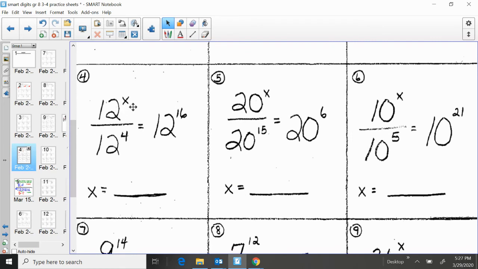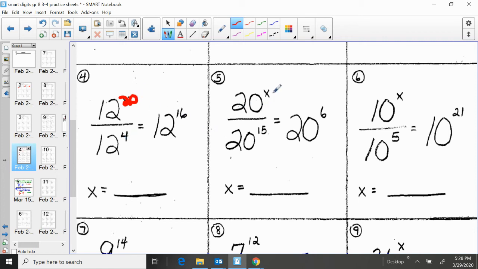Now, if you're missing the top exponent, it's a little bit different. What number minus 4 equals 16? So if I'm missing the top exponent, a little trick I can do is I can say, what number minus 4 equals 16? Oh, that's 20. Or I could simply go 16 plus 4 equals 20.